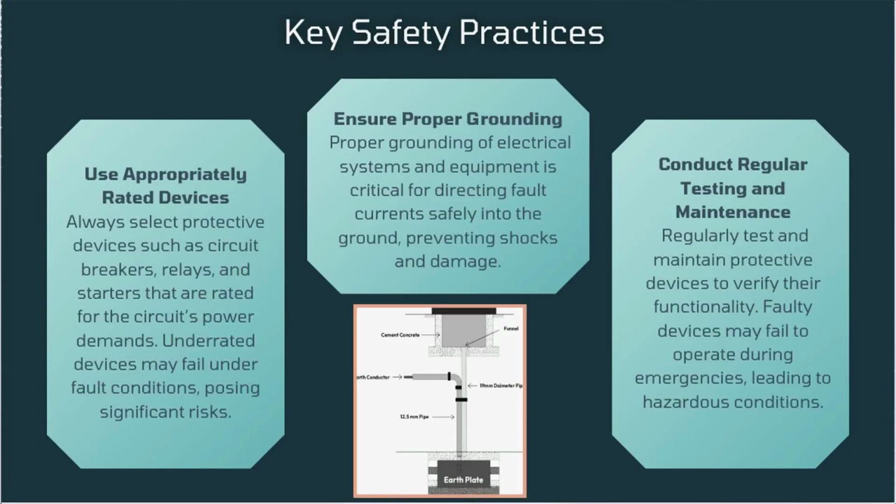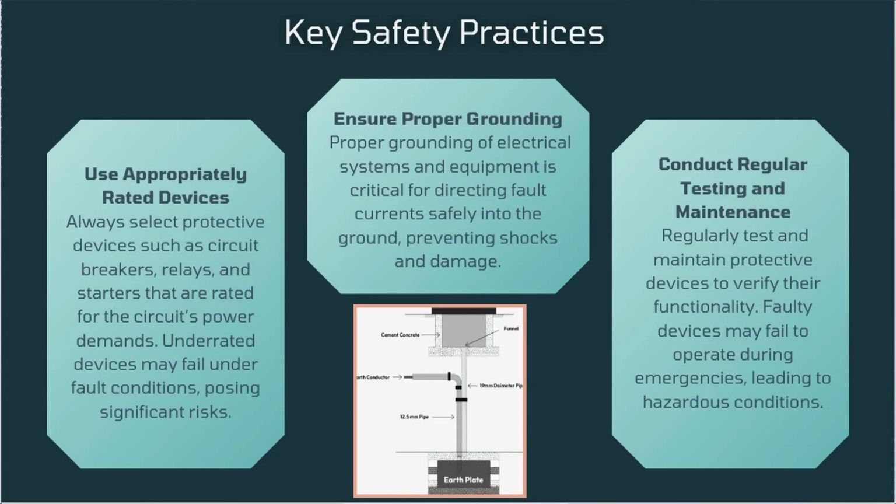Use appropriately rated devices. Always select protective devices such as circuit breakers, relays, and starters that are rated for the circuit's power demands. Underrated devices may fail under fault conditions, posing significant risks. Ensure proper grounding.